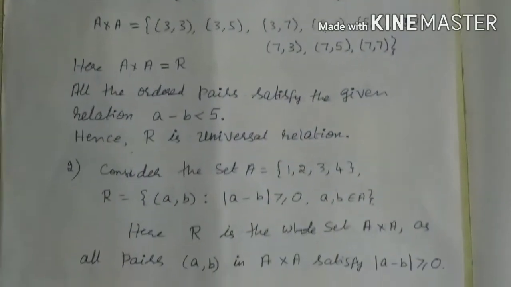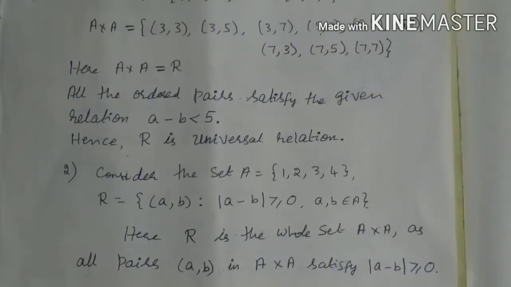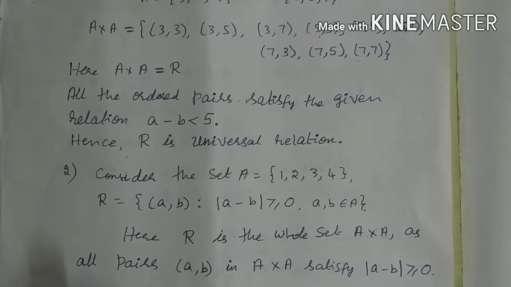Let us consider another example. A equals 1, 2, 3, 4 and the relation is defined as R equals (A, B) such that modulus of A minus B is greater than or equal to 0, where A and B both belong to A. Here R is the whole set A into A as all ordered pairs (A, B) in A into A satisfy the condition modulus of A minus B is greater than or equal to 0.